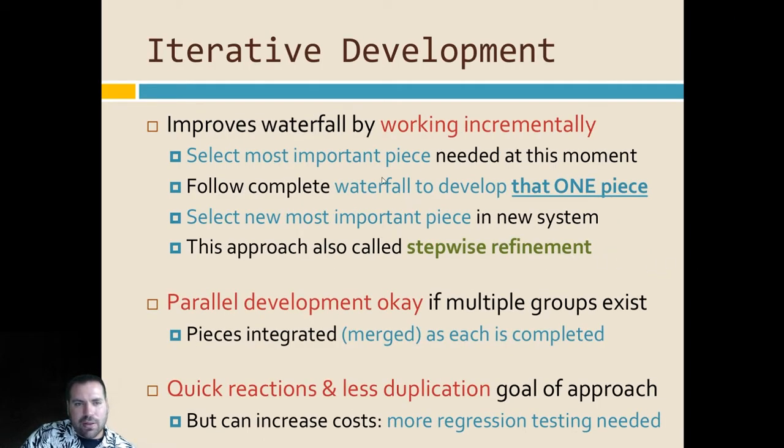Iterative development, one other development life cycle that we'll talk about. It's like Waterfall, but works incrementally, similarly to the spiral, similarly to rapid prototyping, but with some key differences.